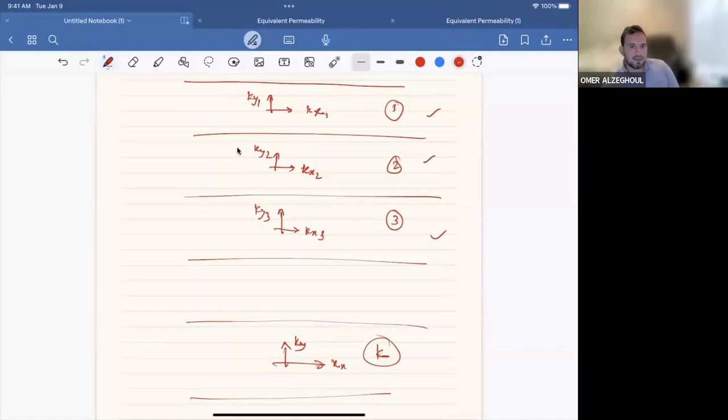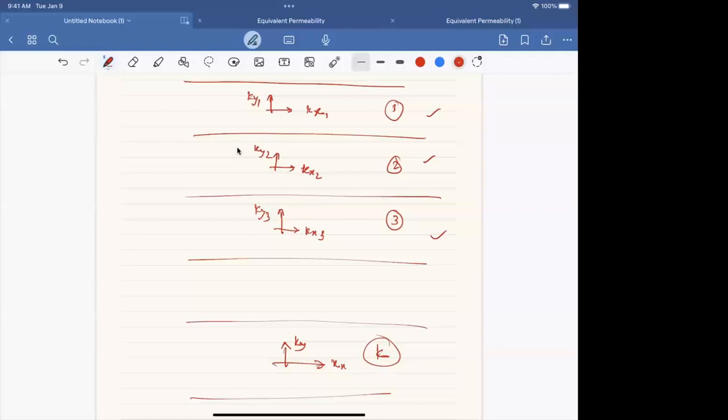Is there a general formula to make them all as one K, or do we take an average? I'm gonna discuss it later. I wanted to know if anyone knows how to do that.